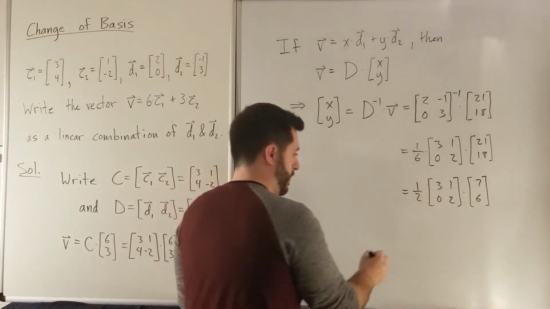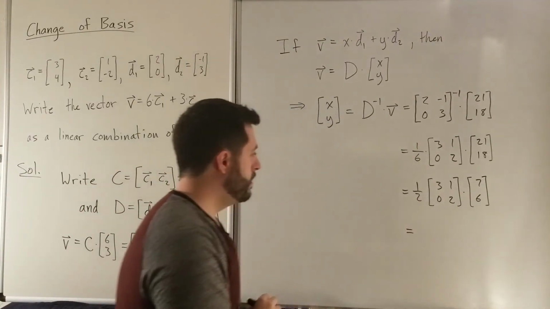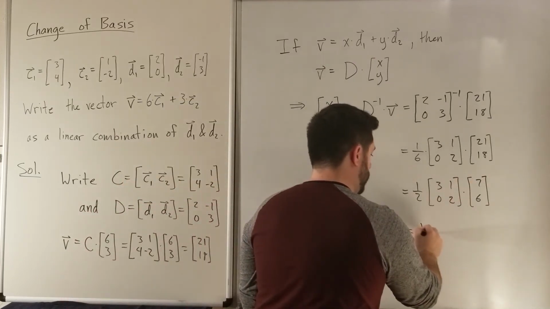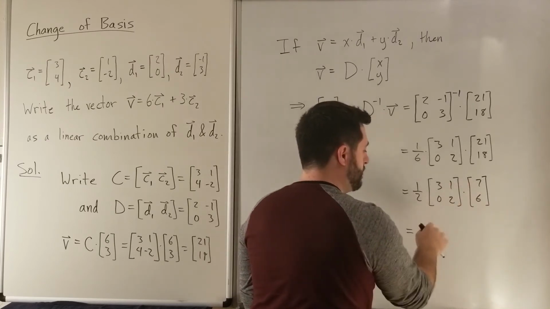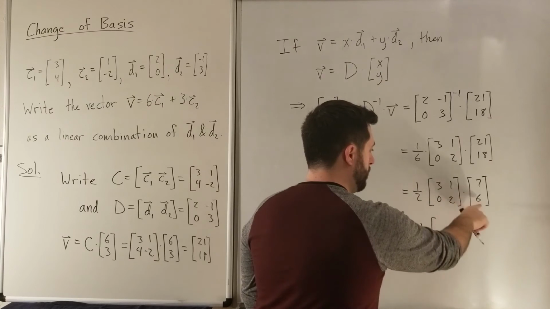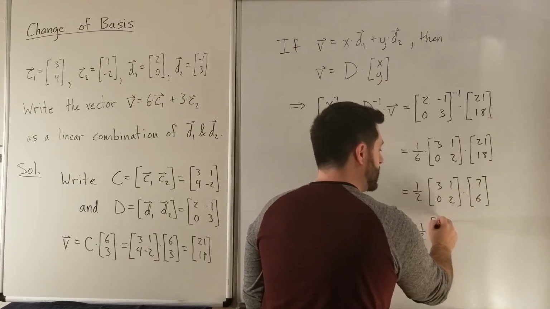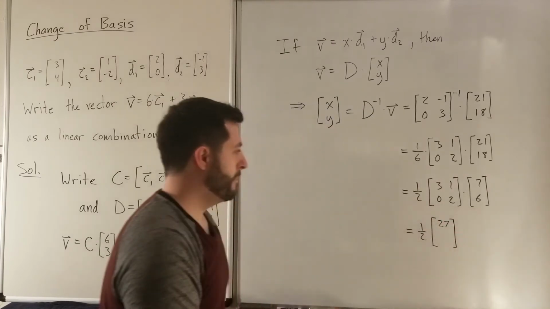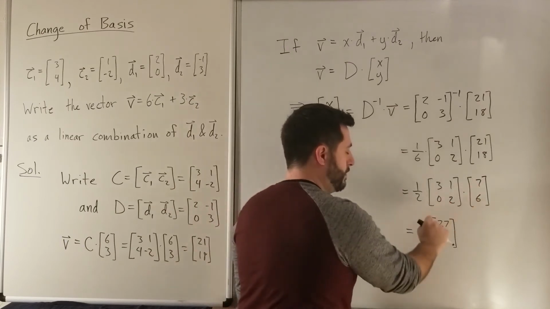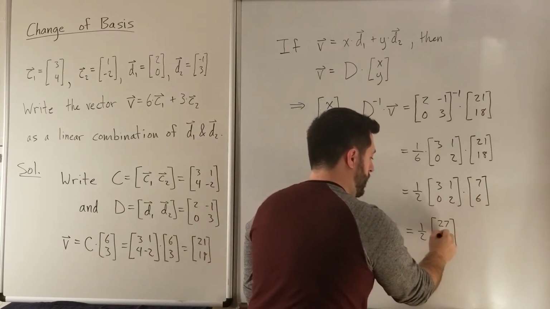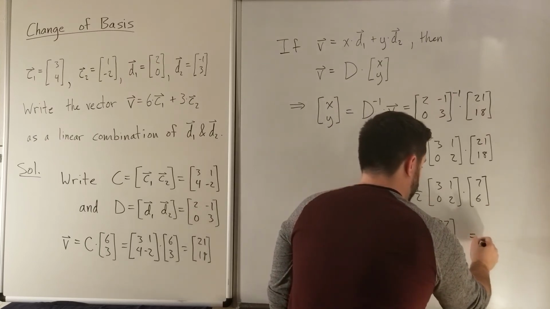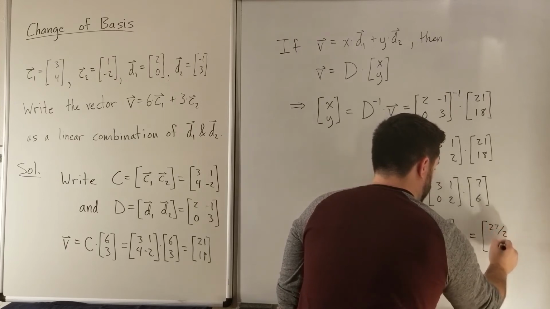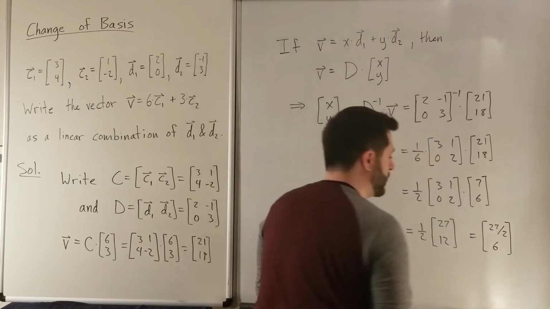So at this point, I'm going to go ahead and multiply this in, keeping the 1/2 out in front. 3 times 7 is 21, plus 1 times 6 is 21 plus 6, which is 27. Second entry is 0 times 7, which is 0, plus 2 times 6, which is 12. Okay, so we get 27 over 2 and 6 when we distribute the 1/2 in.